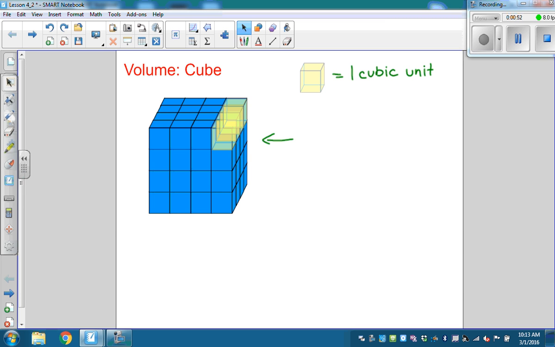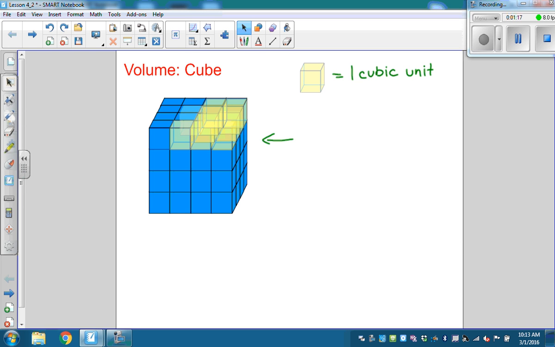I could continue to slide these in, and on the top row, if I continue to do this process, I can fit in 16 cubes. So far I've placed 8 cubes.